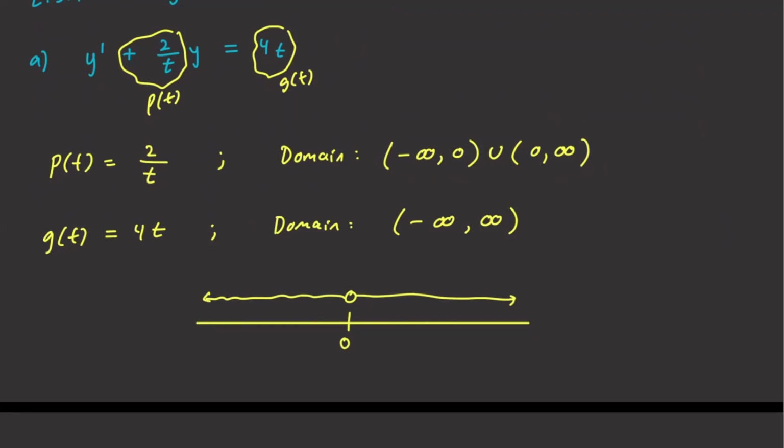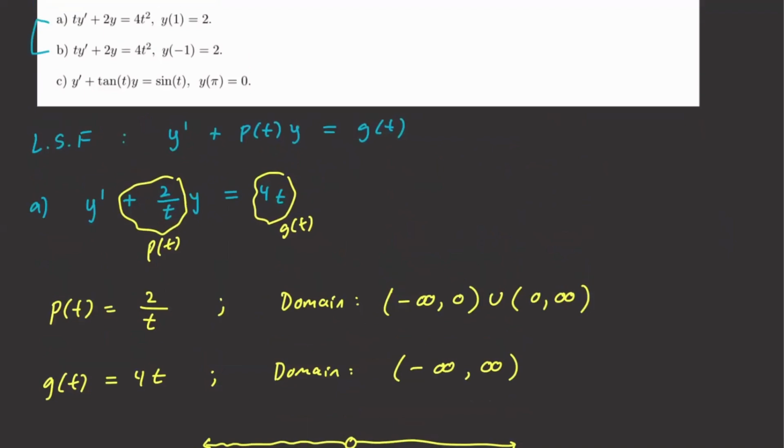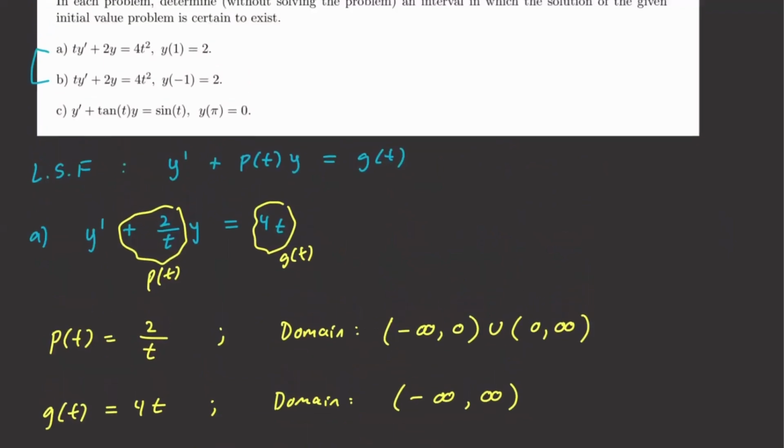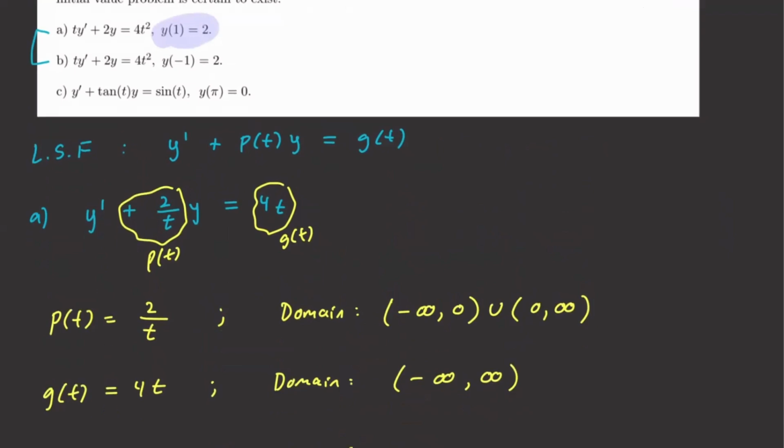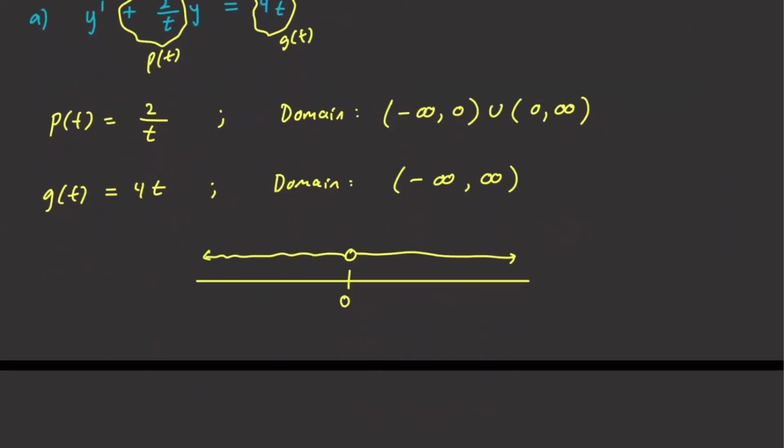Now let's see where we contain the initial point. For the first problem, the initial condition is y of 1 equals 2. So t0 is 1, and 1 is contained in the interval from 0 to infinity.